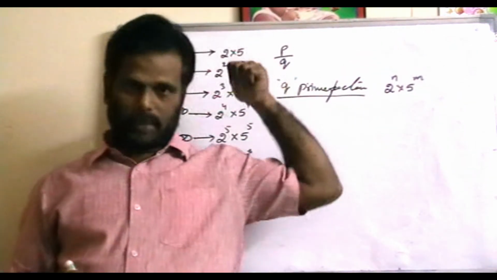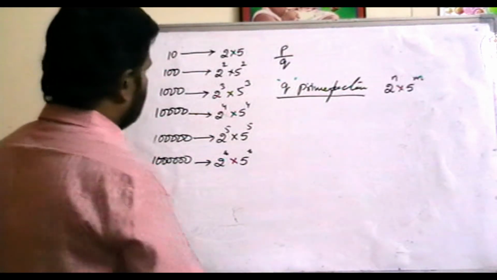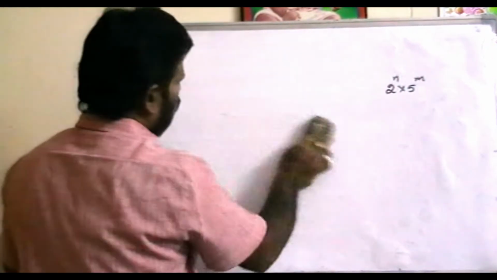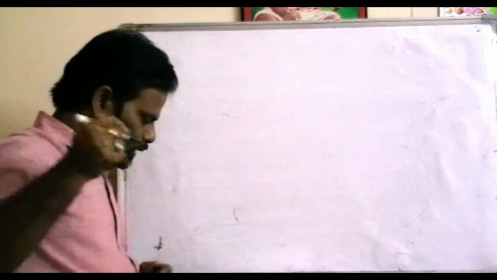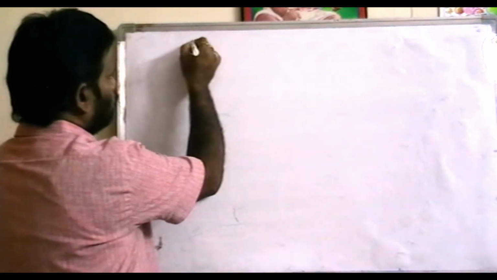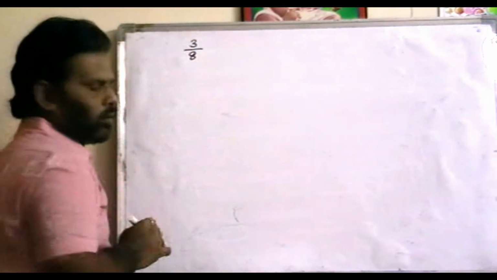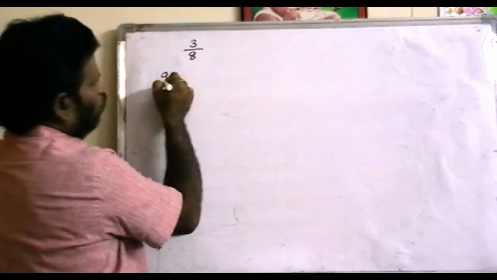Why? Because it is a rational number, right? One more simple example: let us take 3 by 8. The denominator q is 8.